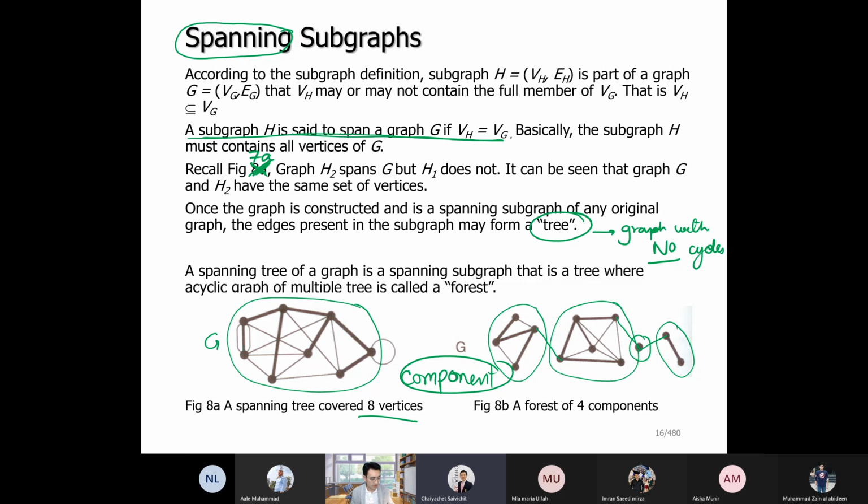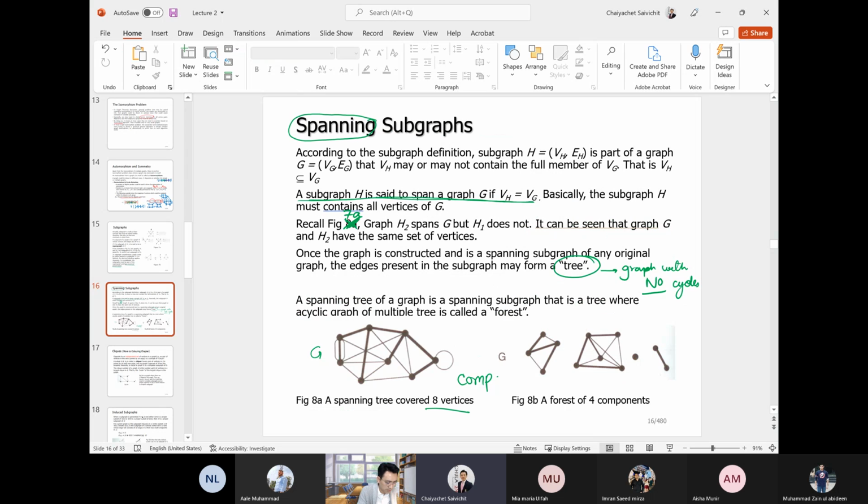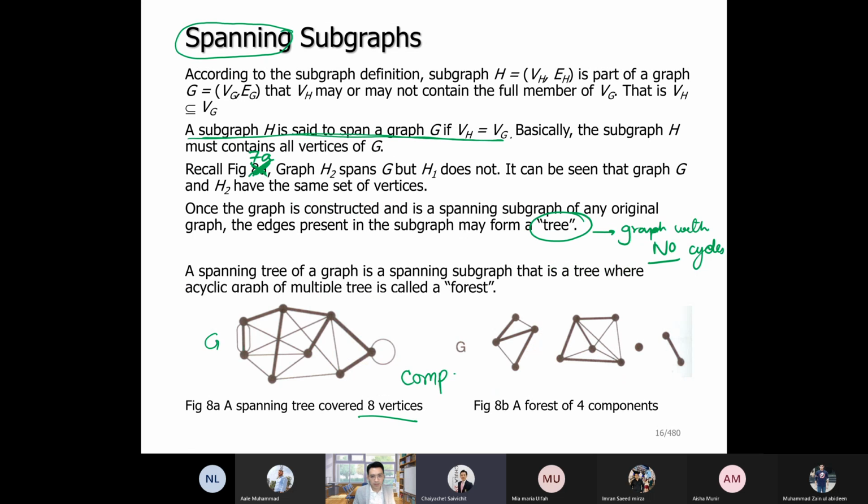Okay, so let's try this graph. In this one, you see 4 different components: 1, 2, 3, and 4.